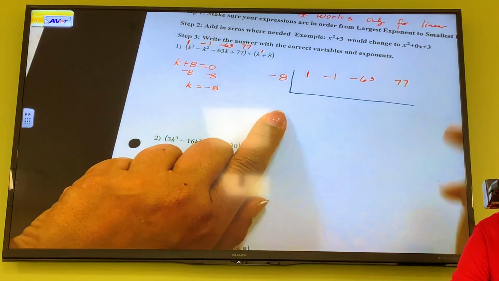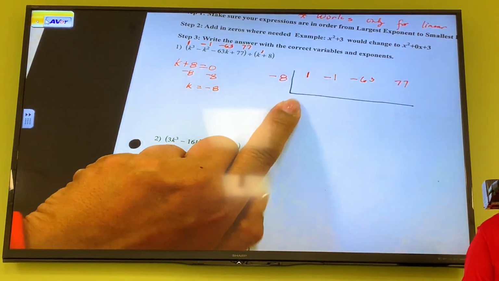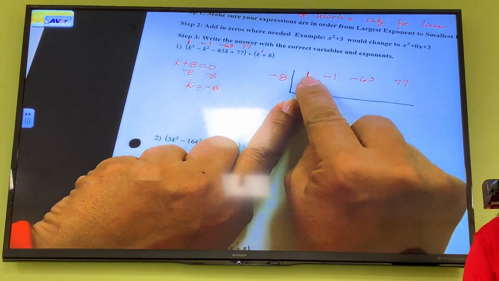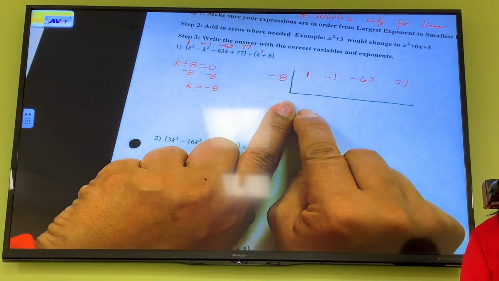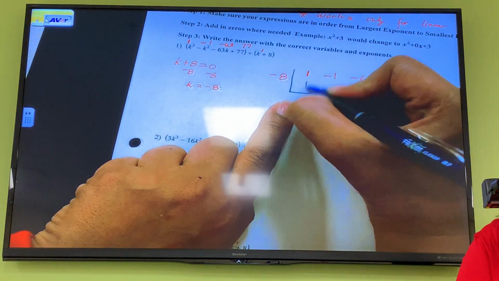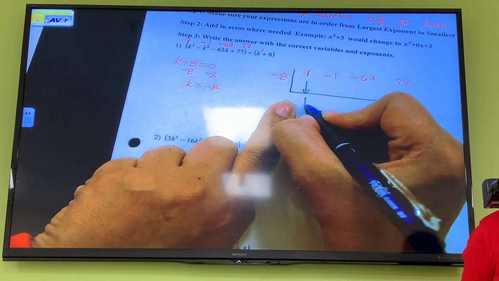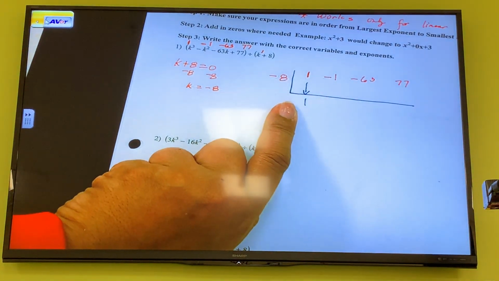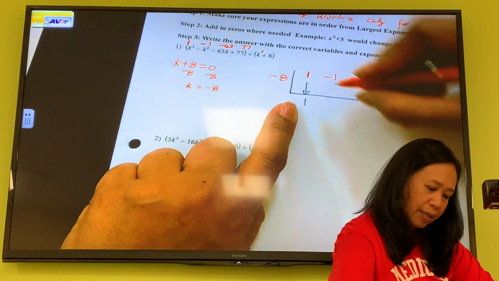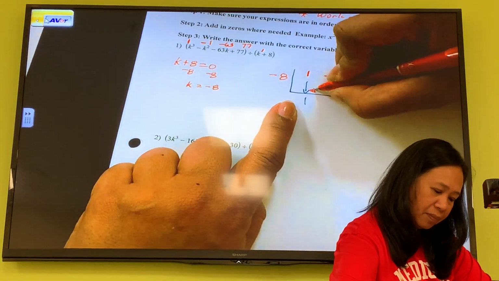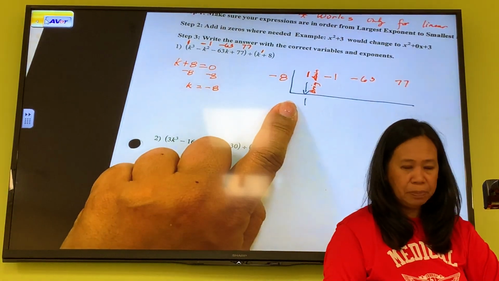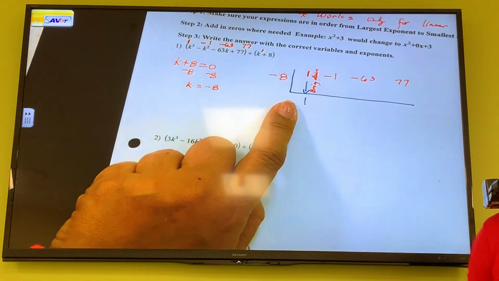So the first thing that we do whenever we divide by synthetic division, after we set it up, is to bring down the first digit, no matter what it is. So for the 1 right here, we're going to bring it down all the way to the bottom. The first digit is always brought down.